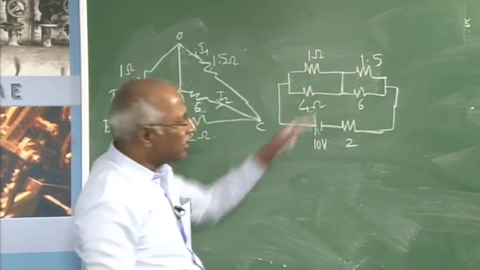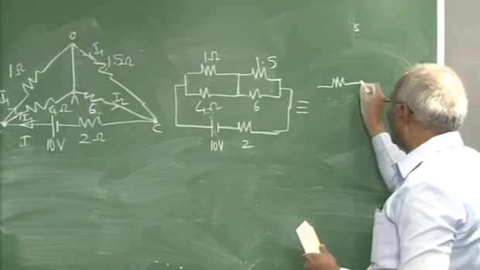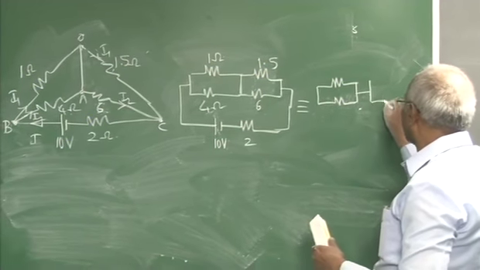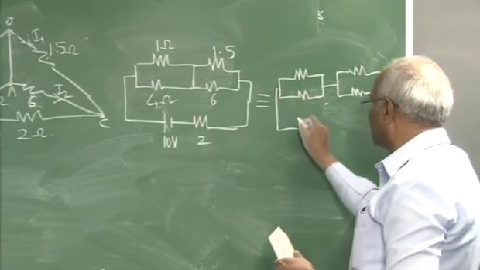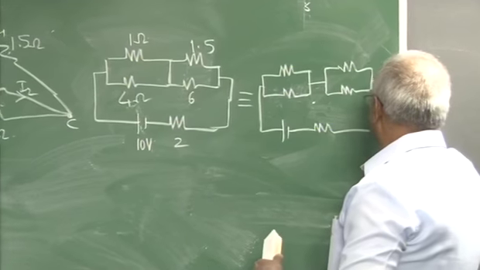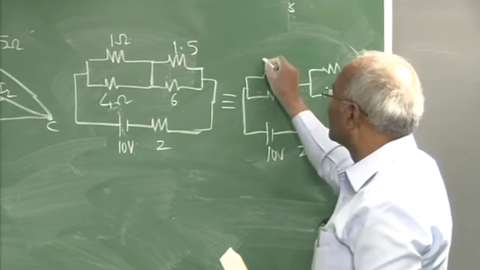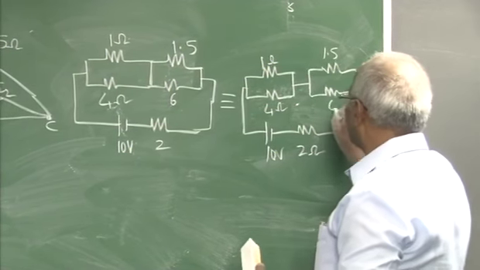So, this can be rewritten in a slightly different way to make it more understandable. It is this way. This is 10 volts, this is 2 ohm, this being 1 ohm and this is 4 ohm, this is 1.5, this is 6.